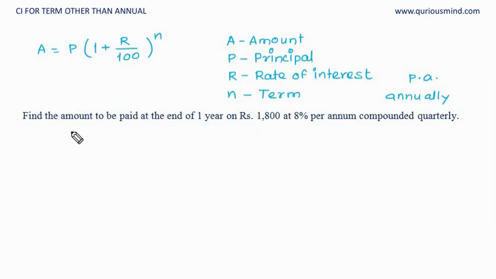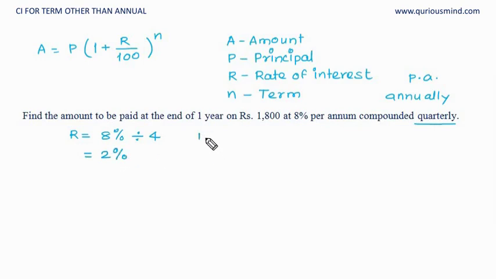In such a case, the rate becomes the given rate, 8%, divided by 4, because we are compounding quarterly. So we have to find the rate for 1 quarter, not for 1 year. The rate is given as per annum, so we divide that year into quarters, and the new rate becomes 2%.